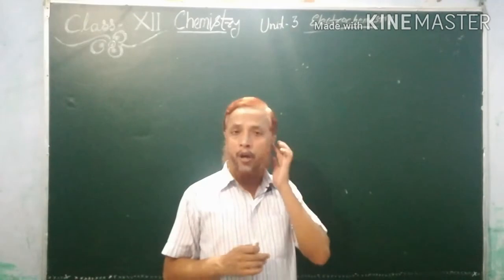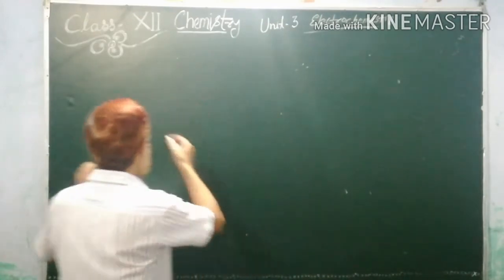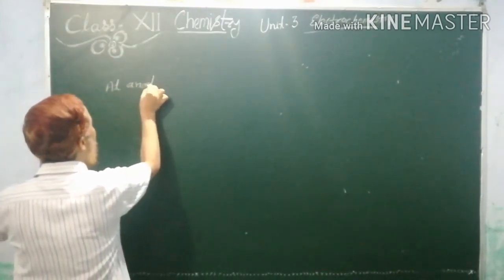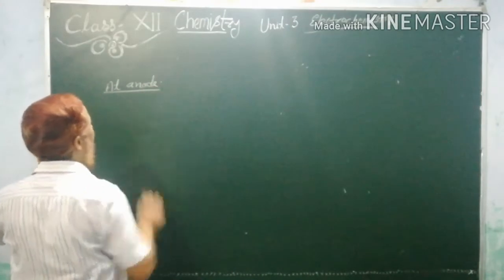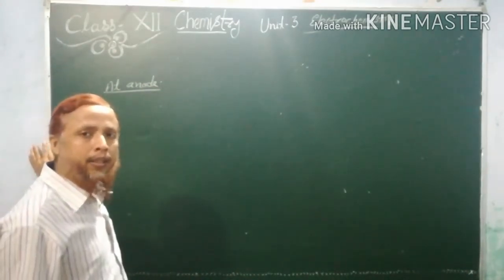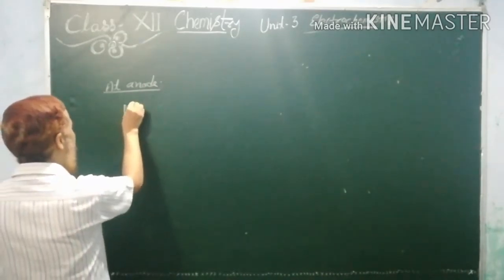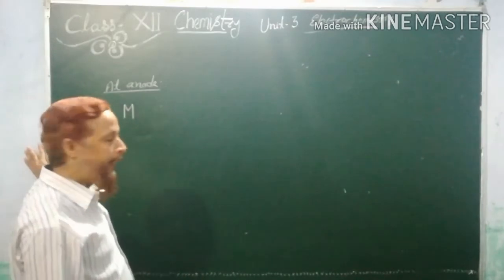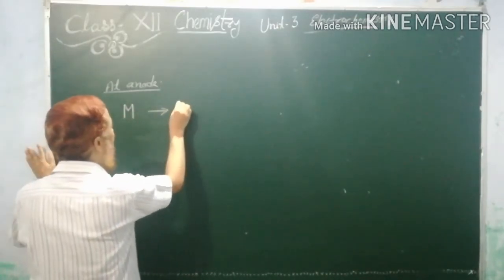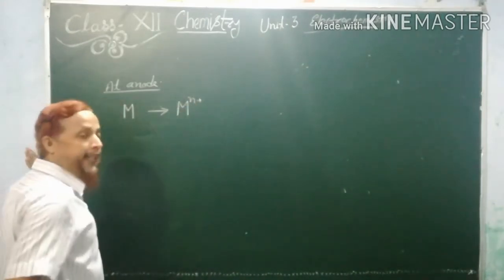So these oxidation and reduction can be represented as, at the anode, the electrode directly takes part in the reaction. Suppose M represents the metal of the anode, so the metal gets ionized into a metal cation by loss of n electrons.